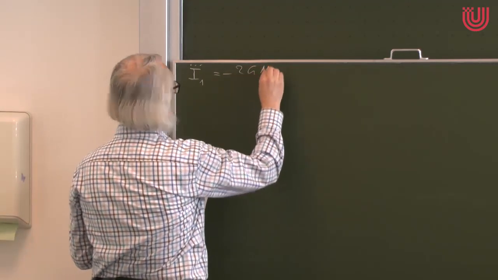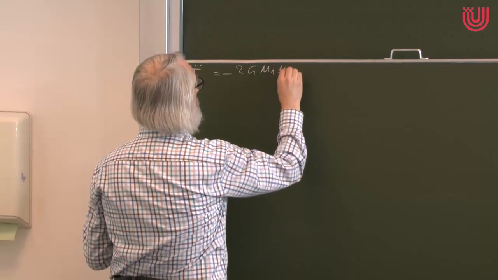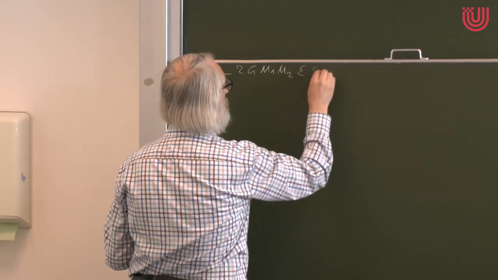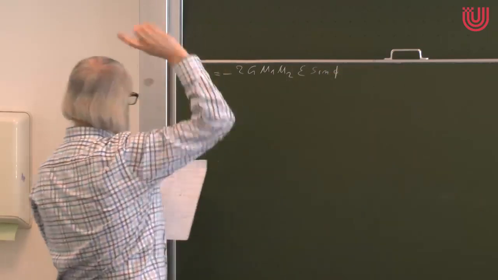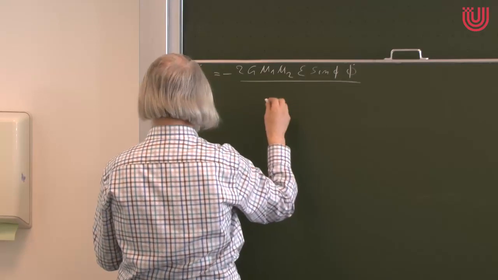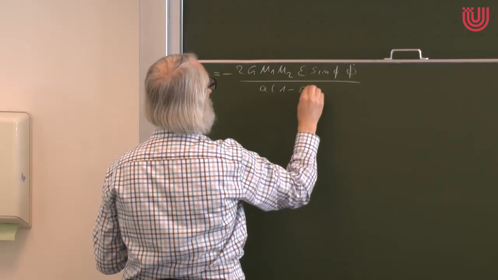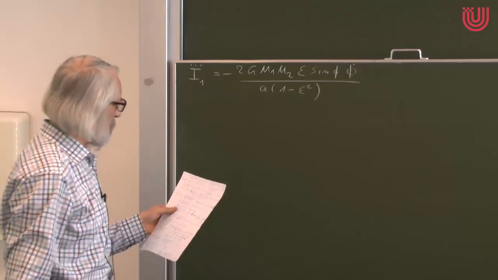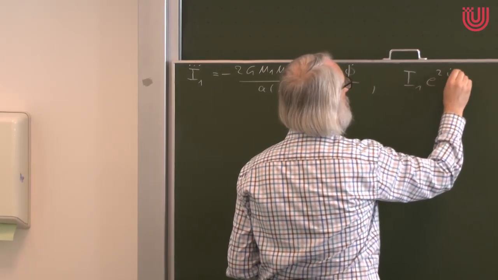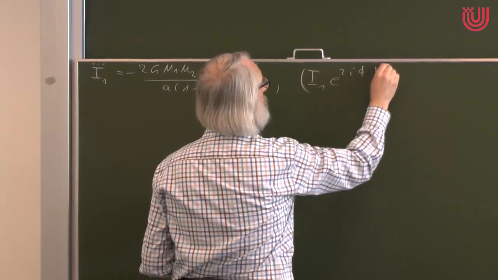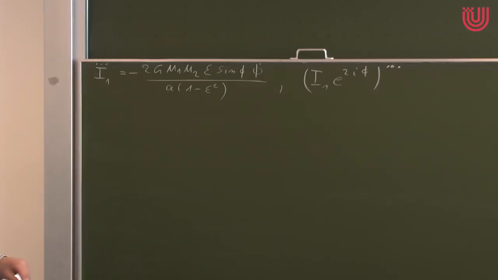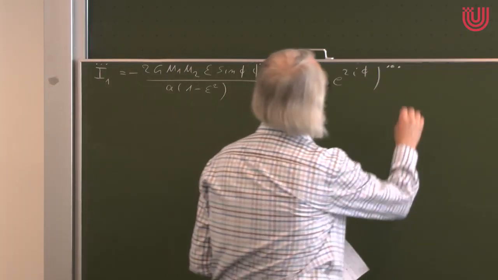And what we got was: m1, m2 are the masses, epsilon is the eccentricity of the Kepler ellipse, phi is the azimuthal angle, phi dot its time derivative, and a over 1 minus epsilon squared is the semi-major axis. And then I just gave you the result of the third time derivative of this quantity. I typed it out in the lecture notes, but I didn't calculate it on the board.